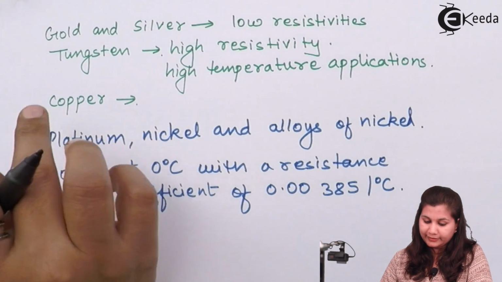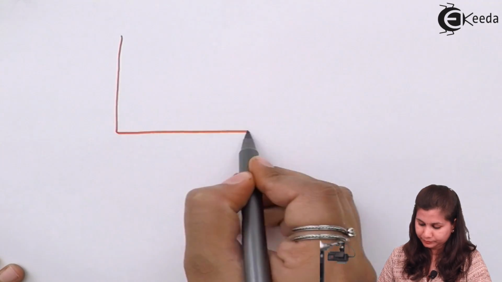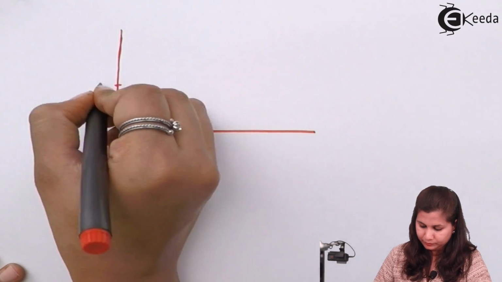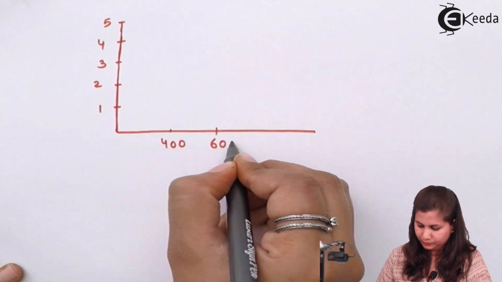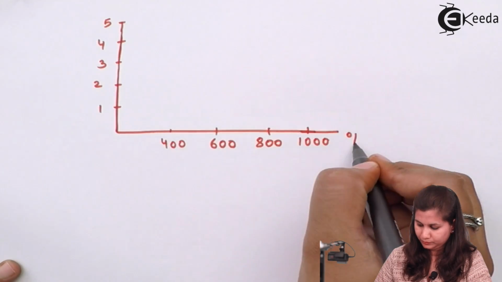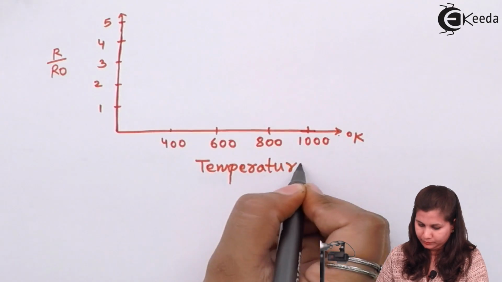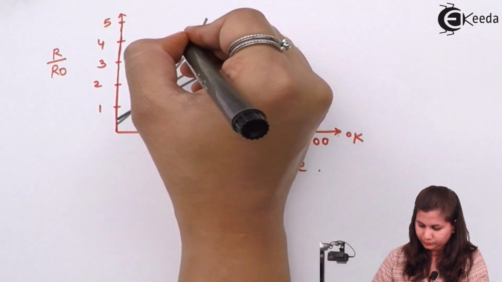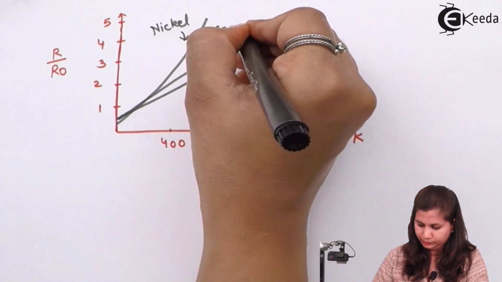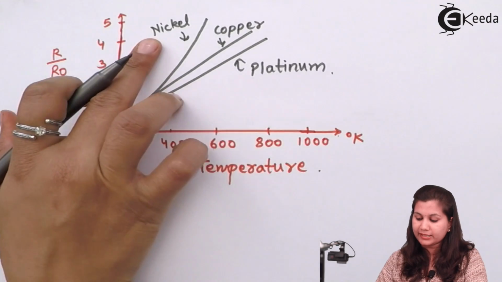Now if we see the characteristics, how the temperature and the resistance change for these materials, if we see the graph, these are the resistance and temperature characteristics of the materials nickel, copper, and platinum.